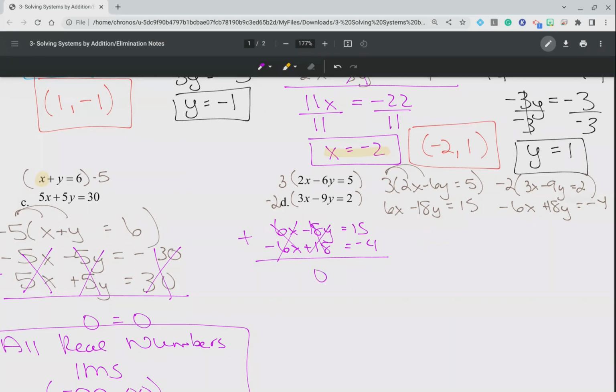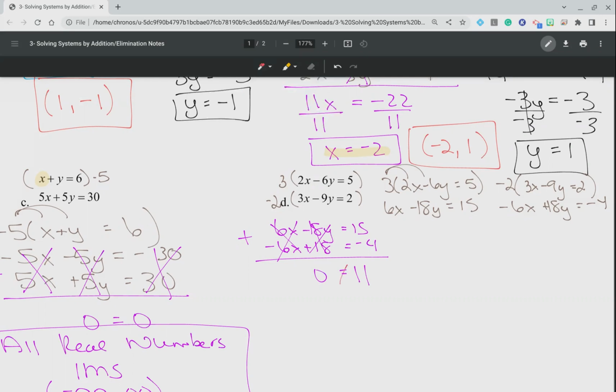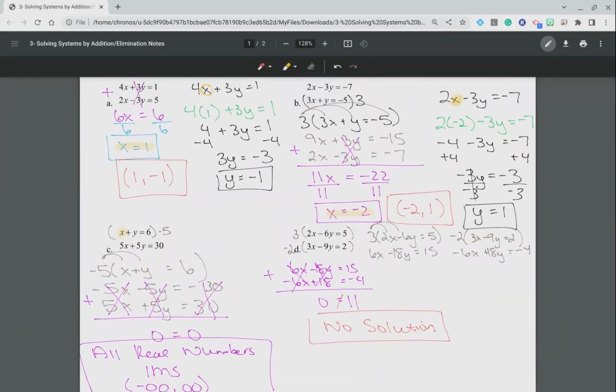So I have 0 on this side. And then 15 minus 4 gives me 11. That's not true, right? So remember when we get weird things that don't make sense, like 0 equals 11, our answer is going to be no solution. All right, and that is how we solve problems doing the elimination method.